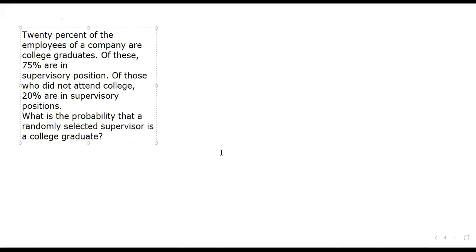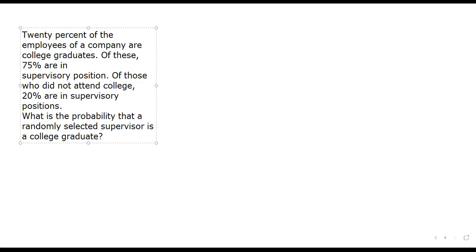So we are told that 20% of the employees in a company are graduates. And of these, 70% have supervisory positions. Of those who do not attend college, 20% have supervisory positions.